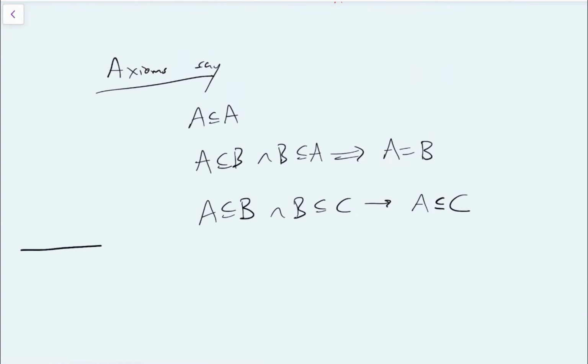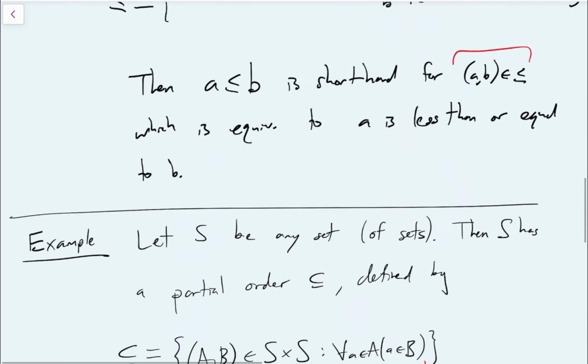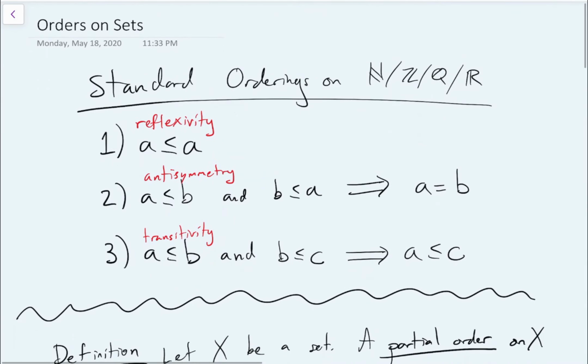Okay, I think that's where I want to stop this video. Just to recap from the top, we had this idea of standard orderings on number systems: natural numbers, integers, rationals, or real numbers. We had this idea that some numbers are less than or equal to other numbers, and that this relationship of being less than or equal to satisfies these three properties in every example.